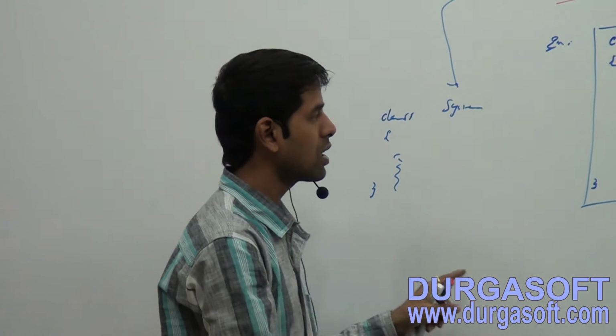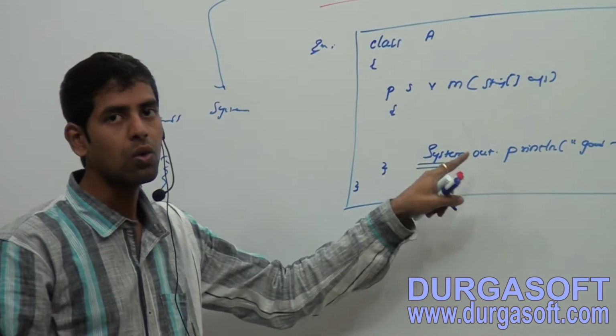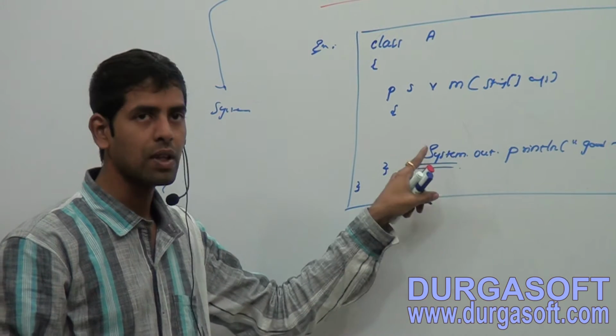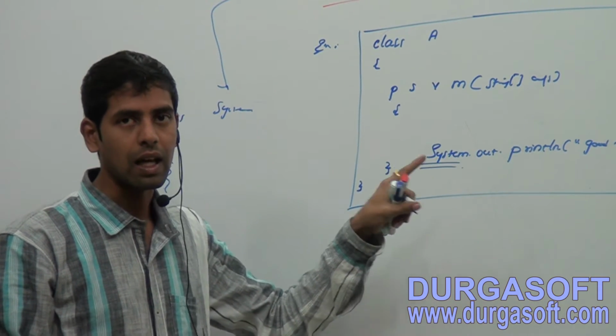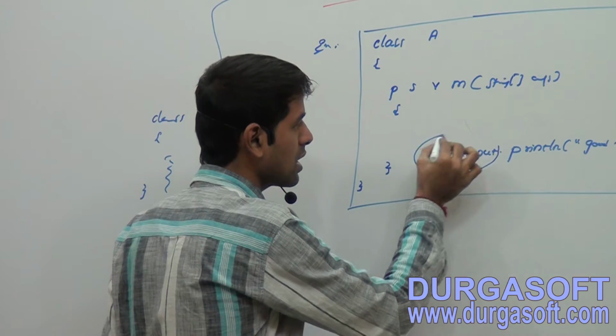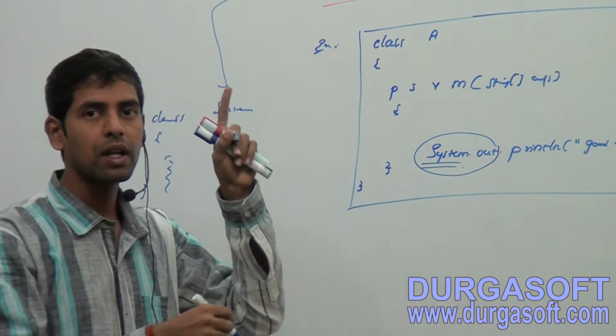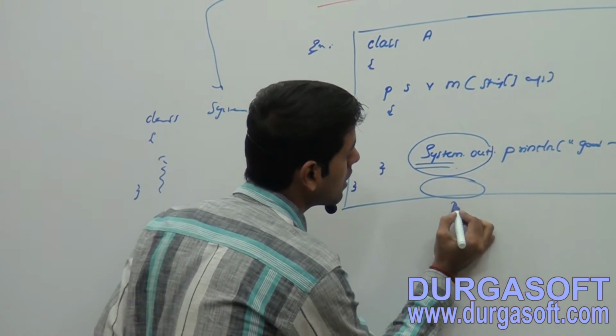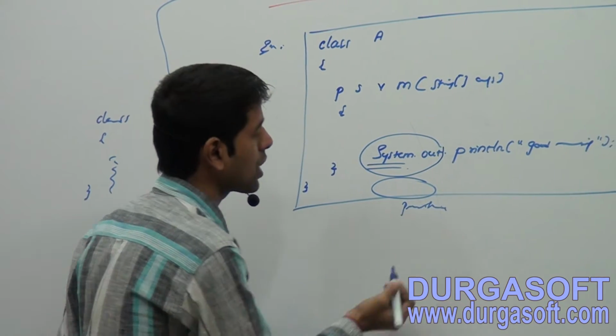And what is out? Out is a static variable available within the System class, which returns the instance of PrintStream, that is, an object of PrintStream.